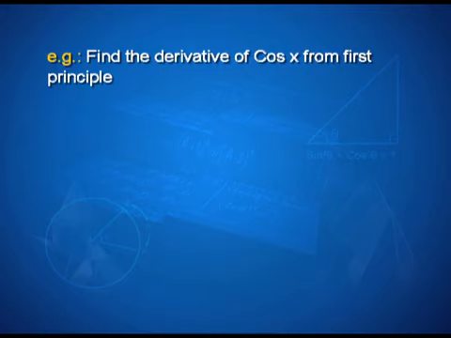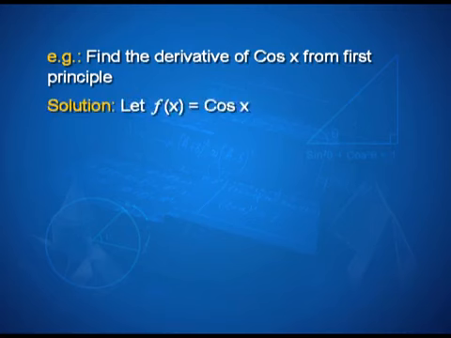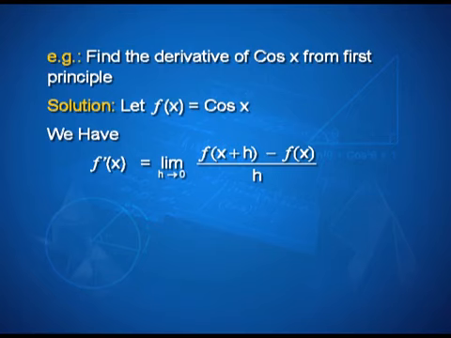Look into another example here. Find the derivative of cos x from first principle. For the solution, let f of x is equal to cos x. We have f dash x is equal to limit f of x plus h minus f of x divided by h as h tends to 0 by first principle.